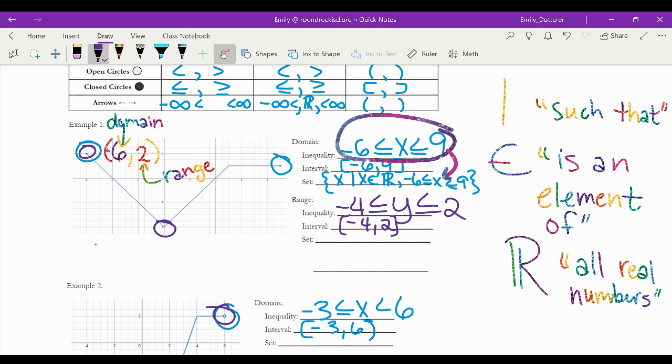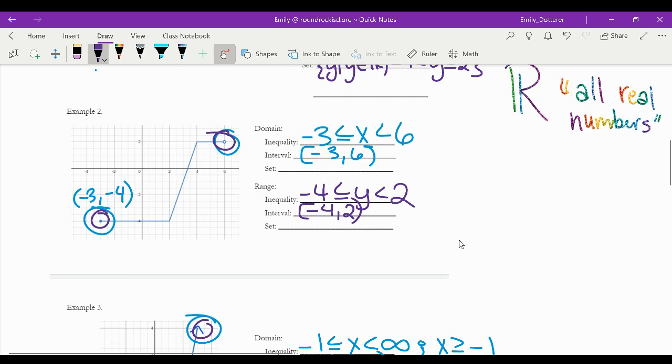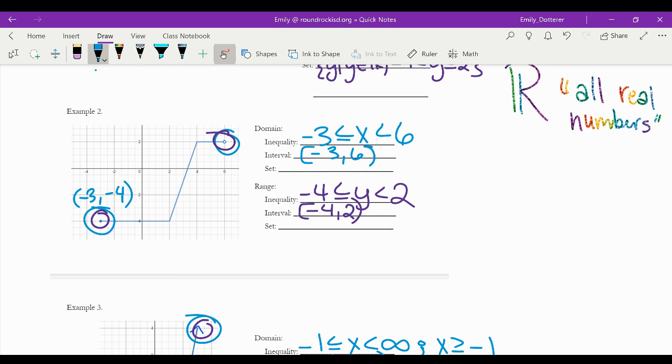Same thing for range. Y such that y is an element of all real numbers, and it's between -4 and +2. X such that x is an element of all real numbers.